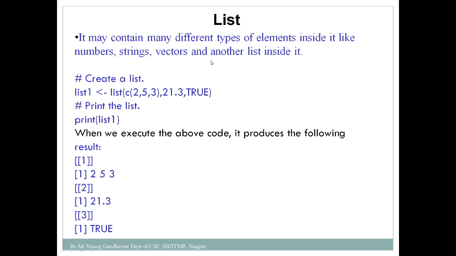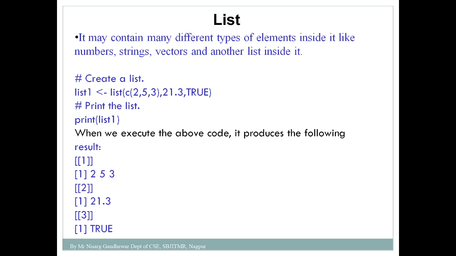A list can be created by using the function list. Here we have taken one simple example. list1 is a variable, this is the assignment operator, then list, and in brackets you can see that c stands for vector. This represents a vector with the number 253, then again a number 21.3, and finally a boolean value, TRUE.